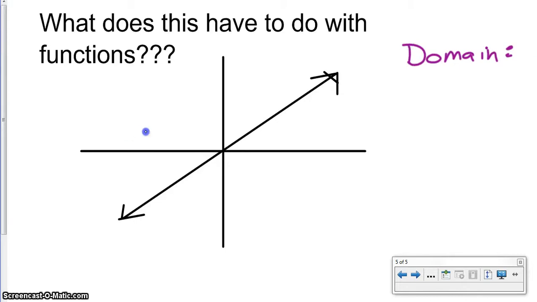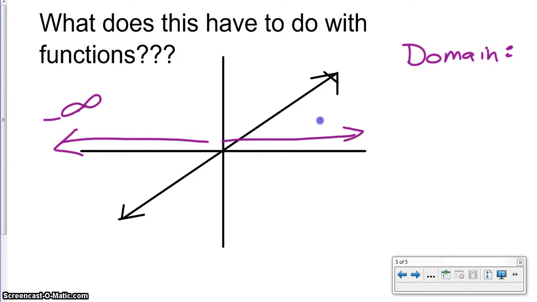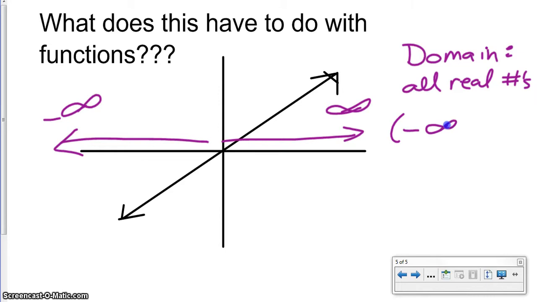Now, if I look at the graph, my x's go to negative infinity and beyond, and my x's go to positive infinity and beyond. So I could write all real numbers, right? Or I could say my domain stretches from negative infinity to positive infinity.